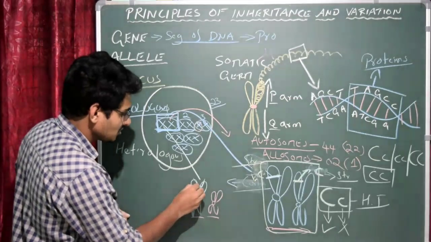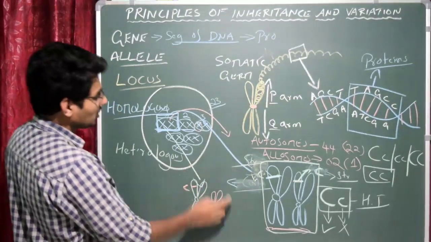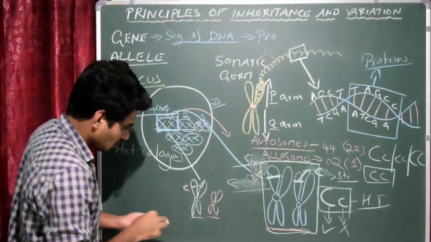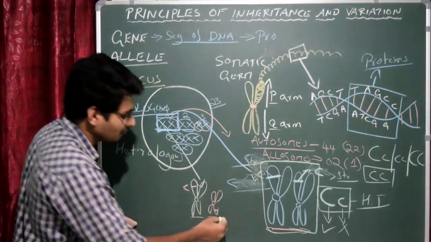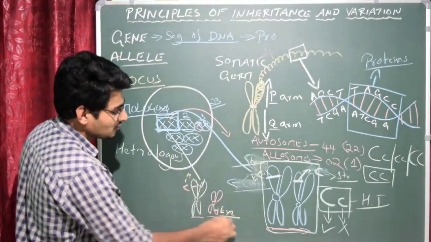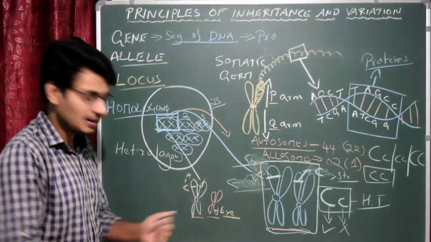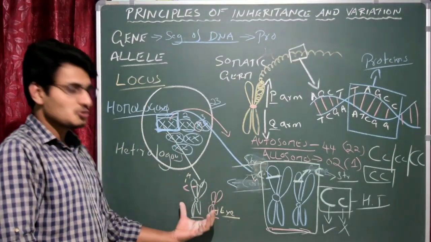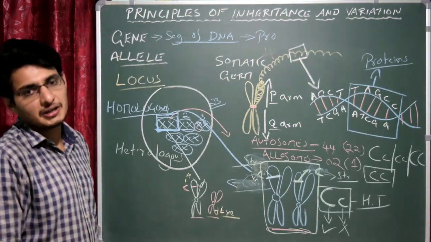For example, if this gene is responsible for your hair type, and this is another chromosome picked from the third set, which has another gene situated somewhere else, the locus is entirely different and it is responsible for your eye color. This is for hair type, this is for eye color. So the genes are different. That means it is heterologous. Chromosomes which are morphologically and genetically dissimilar are called heterologous.